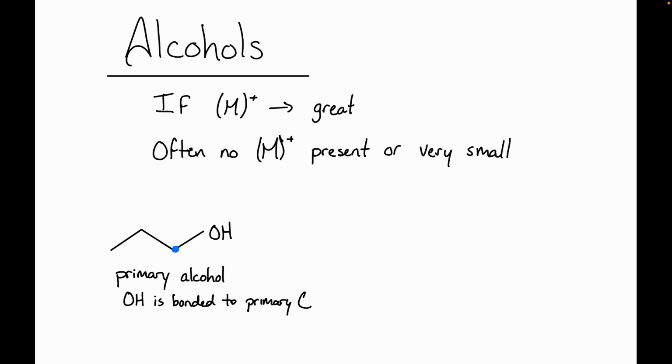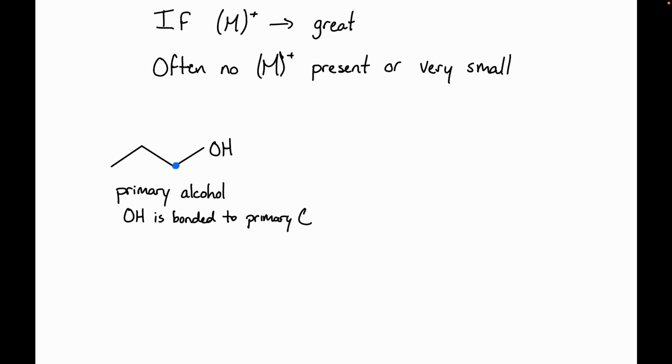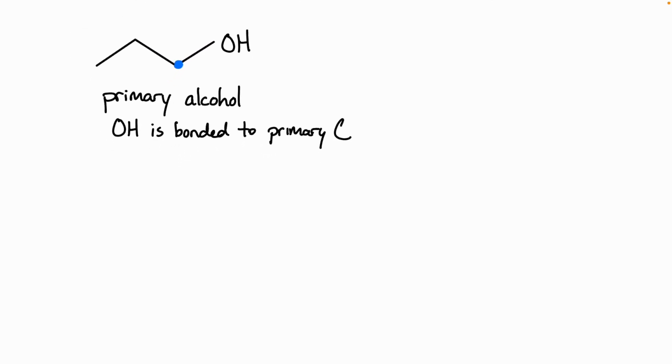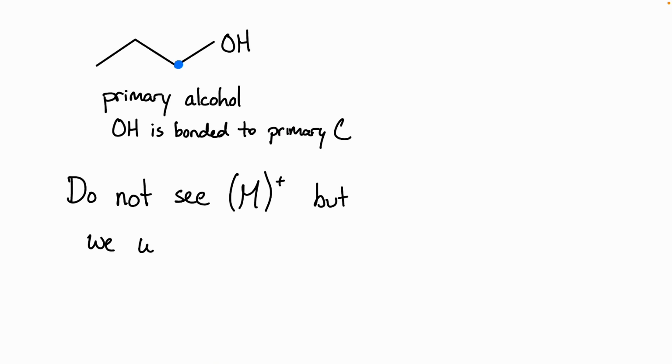Just one. Okay, so for primary alcohols, we might not see the M peak, our molecular ion, but we will see the M minus 18 peak.